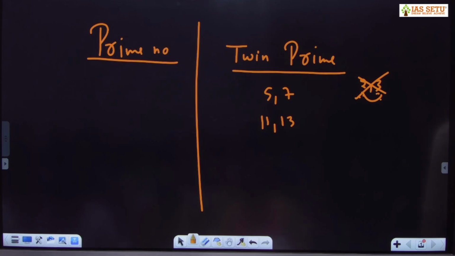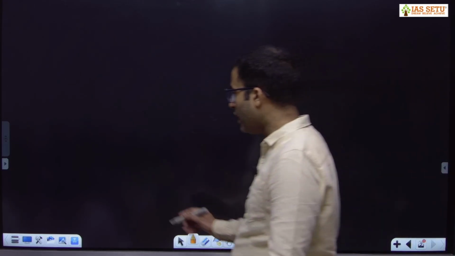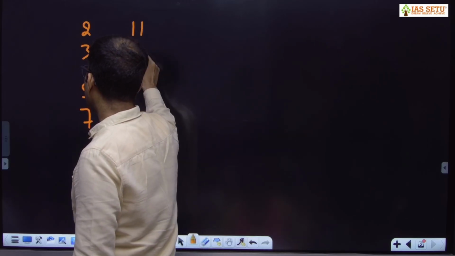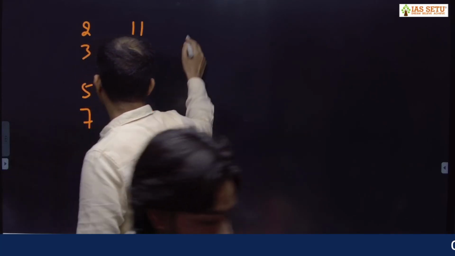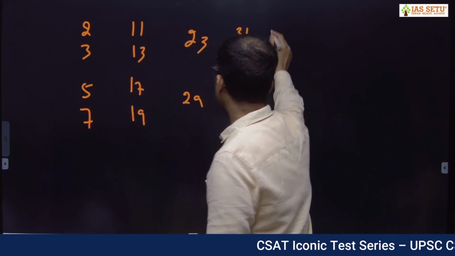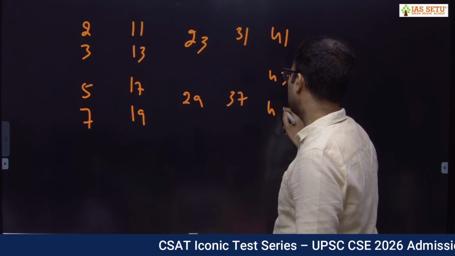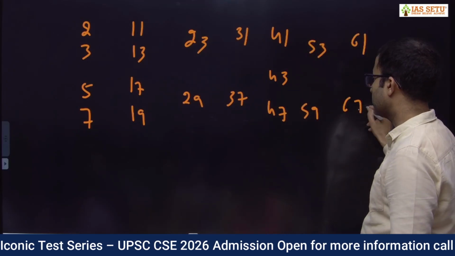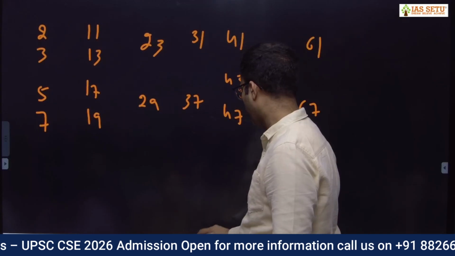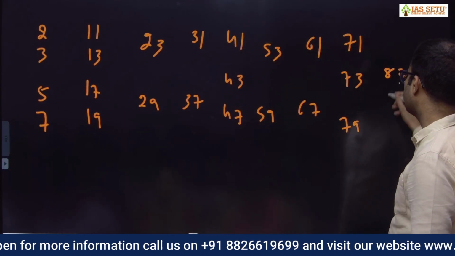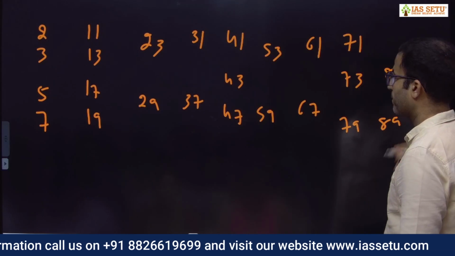Okay, I write you the list: 2, 3, 5, 7, 11, 13, 17, 19, 23, 29, 31, 37, 41, 43, 47, 53, 59, 61, 67, 71, 73, 79, 83, 89, 97.